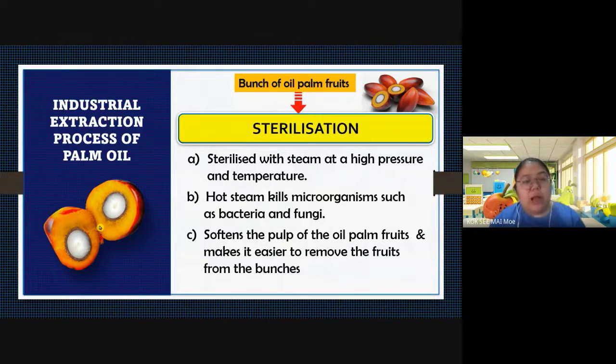They take it out, and then they separate part by part. Importantly, the first part is to sterilize before they continue to the following steps. They have not opened the fruit yet, they just steam the outside first, so that all the bacteria and fungi cannot stay there. So this is the first step, sterilization.